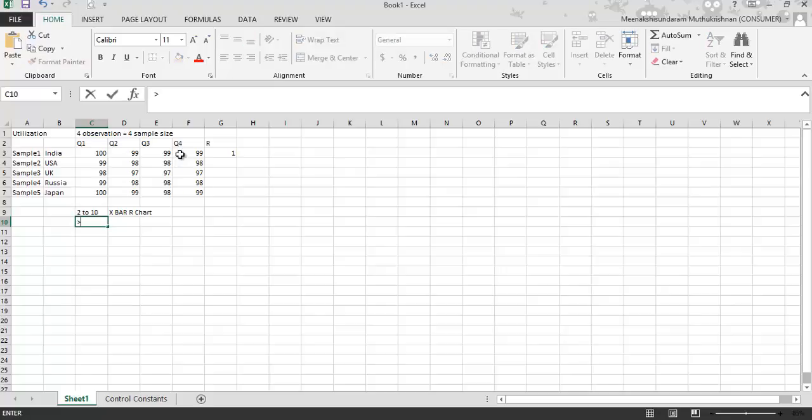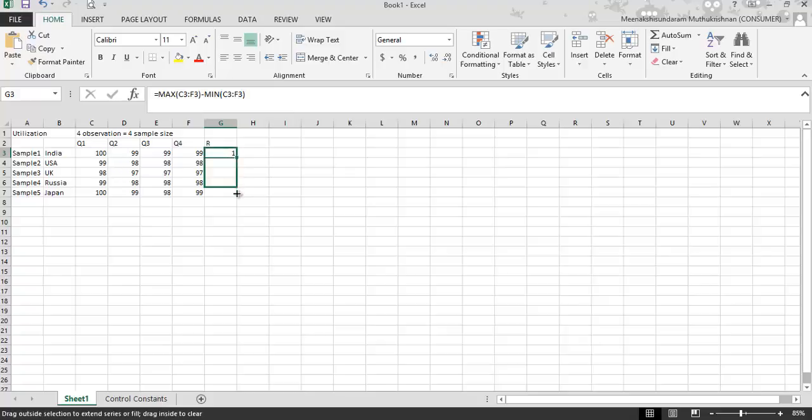If it is greater than 10, we can use the Xbar S chart, where S represents standard deviation. This is just for your information. The more samples, the more accurate the result. For this we got the range, and I'm going to drag and drop for the rest of the countries.